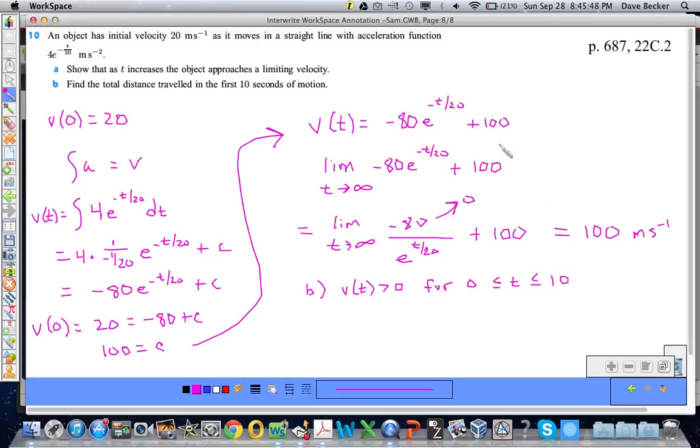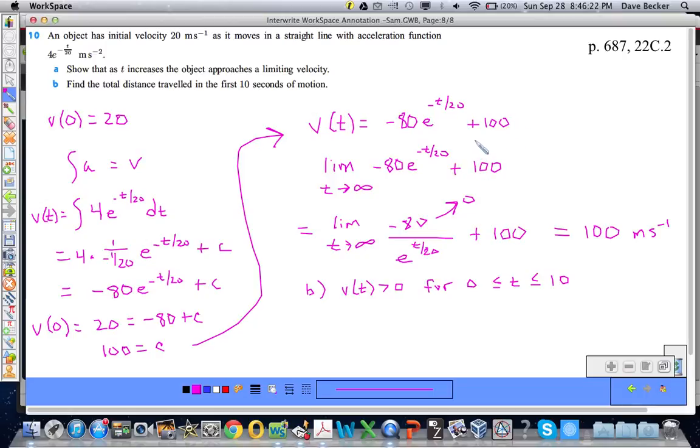How do I know that? Well, from 0 to 10, negative 80 over e to the t over 20 is never going to become a negative number whose absolute value is greater than 100.